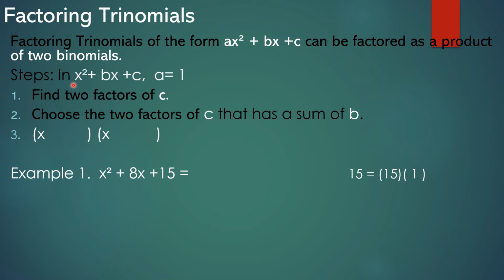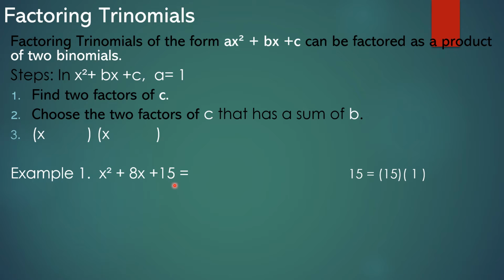Now, first, we're going to factor trinomials of the form x squared plus bx plus c, wherein a is equal to 1. So here's the example, x squared plus 8x plus 15. The first step is to find two factors of c.